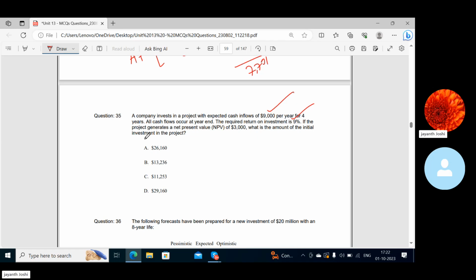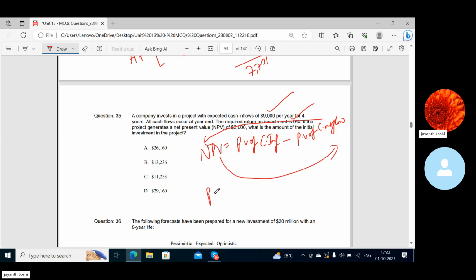So what we will do for that is we have to go backwards, correct? See, I'll tell you. NPV is equal to present value of cash inflows minus the present value of cash outflow, right? I will bring this here. So present value of cash outflow is equal to present value of cash inflow minus NPV.